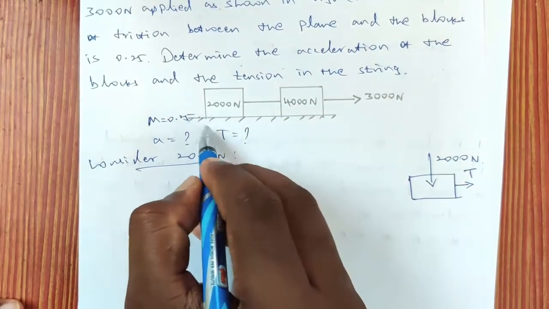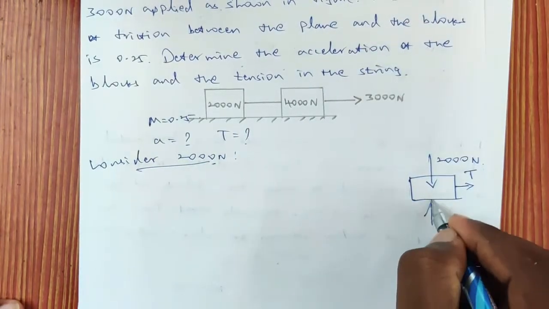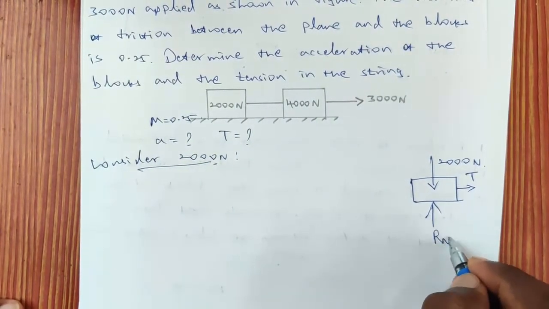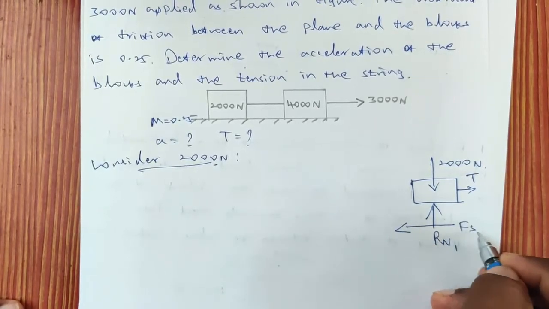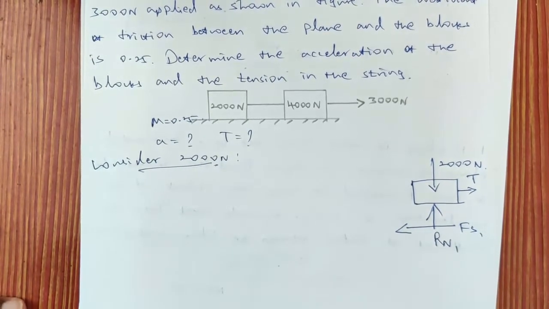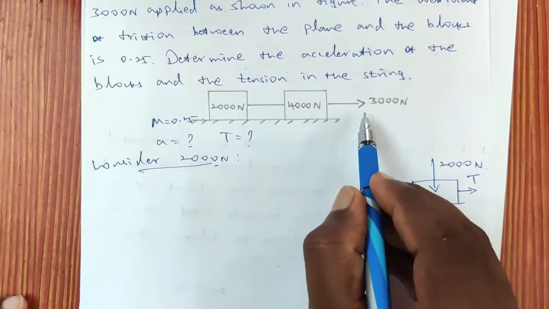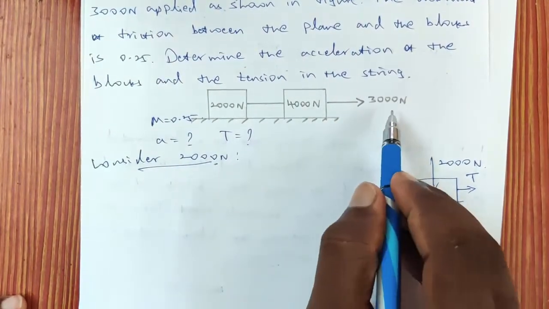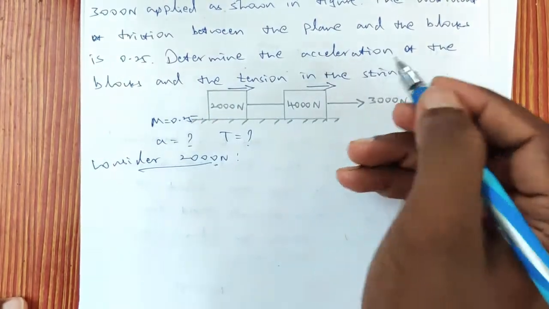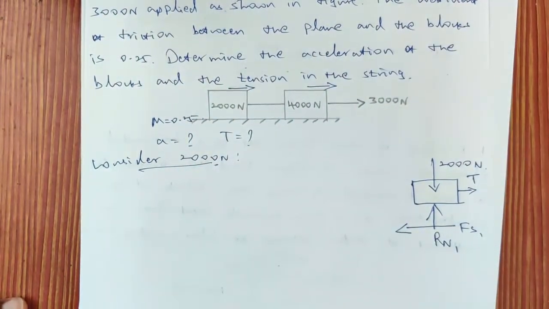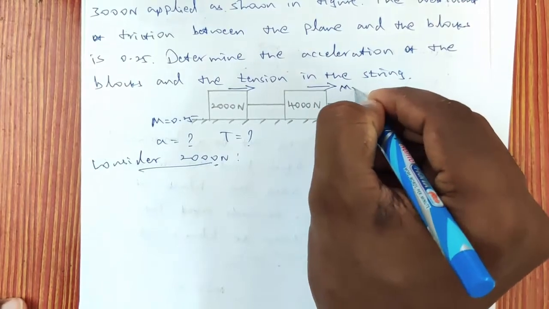Because of the friction between these two surfaces, there will be a normal reaction. Let us consider it as Rn1, and the frictional force Fs1 is acting towards left side direction. Because of the 3000 Newton acting towards right side direction, so these two blocks are moving towards right side direction. So this is the direction of motion.